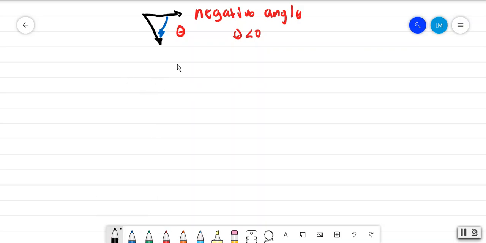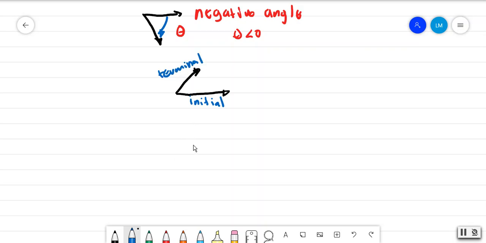So for example, if I had a ray that started like this, and then I had another ray that went like that, there is a name for this ray right here. It's called the initial side. But over here, this would be called your terminal side.